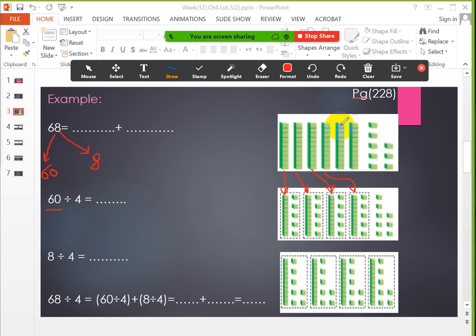Very good, Zen and Kinsey. Your answers are correct. So I have 10 small cubes in one long, as we learned in the first lesson in the semester. You remember when we talked about the base 10 blocks? So I have 10 small cubes in one long.